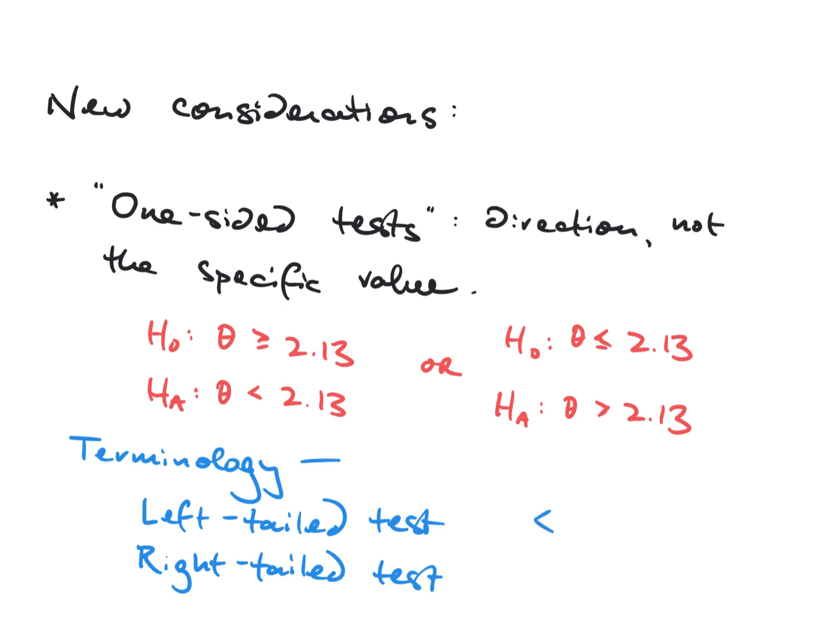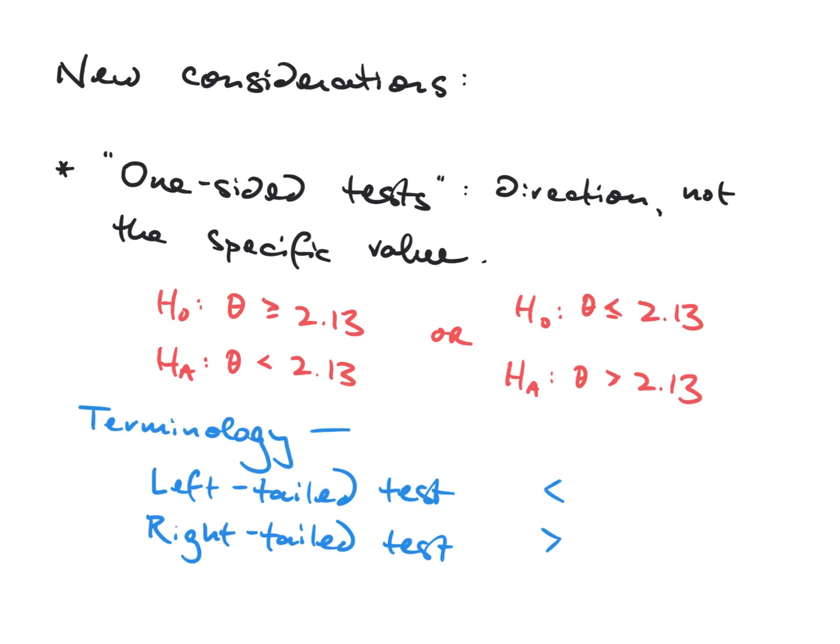Okay, right tail means greater than. Like if you think about the number line, the numbers in the left tail of the distribution are the numbers that are less than some value. Whereas the numbers in the right tail are greater than some value. Okay, so the names left tail and right tail are confusing to me. The textbook uses them, and again, I'm explaining them in terms of like less than versus greater than.